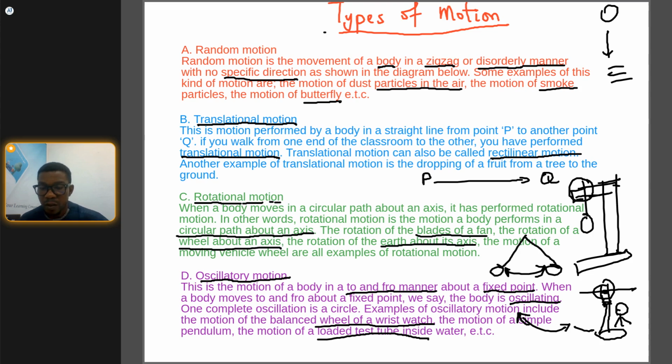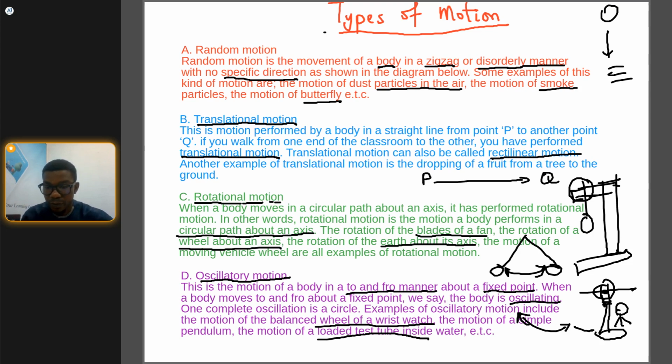Okay, can I have one more? I'm waiting. Do you understand the types of motion?